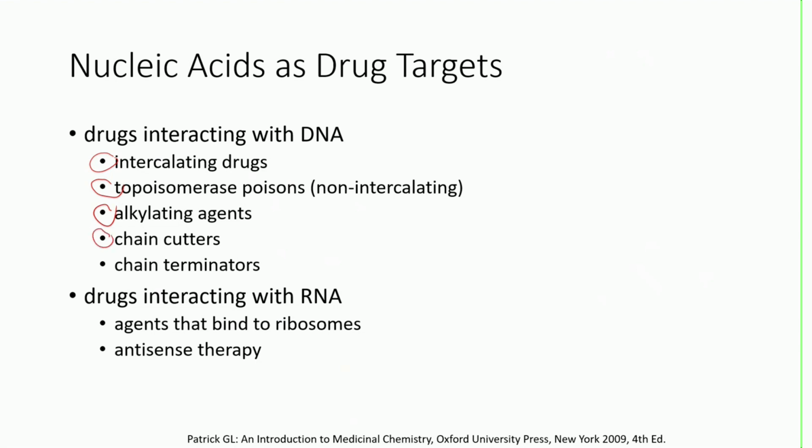There are chain cutters that stop the synthesis of nucleic acids, and so-called chain terminators. We have some drugs that are used interacting with RNA, either interacting or binding to ribosomes, or so-called antisense therapy, which is the field of biological drugs.